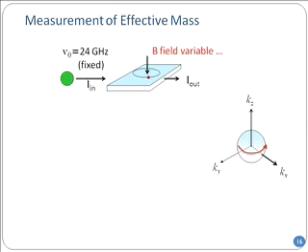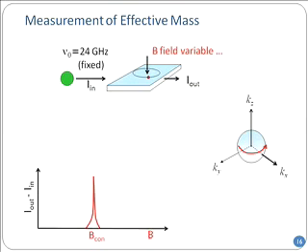Now very quickly, if you remember, the measurement of effective mass involves that we apply a microwave frequency, about 24 gigahertz, let's say, and then apply a magnetic field. As the electron swings around, we find that at a particular magnetic field there is a sharp absorption, when the rotation of the electrons exactly matches that of the microwave signal.